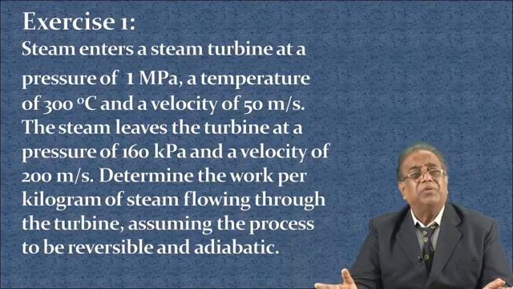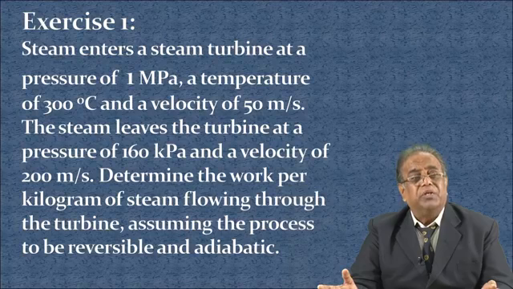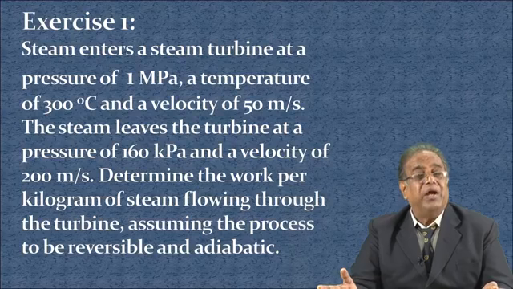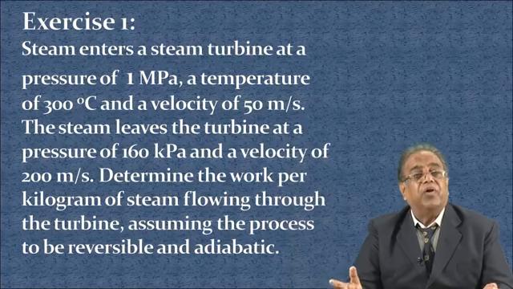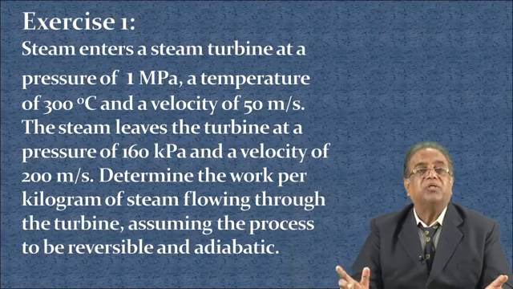The steam leaves the turbine at a pressure of 160 kilopascal and a velocity of 200 meters per second. Determine the work in watt per kilogram of steam flowing through the steam turbine, assuming the process to be reversible and adiabatic. That means the process is isentropic, and while the process occurs in the turbine, entropy is not changing, entropy is constant.